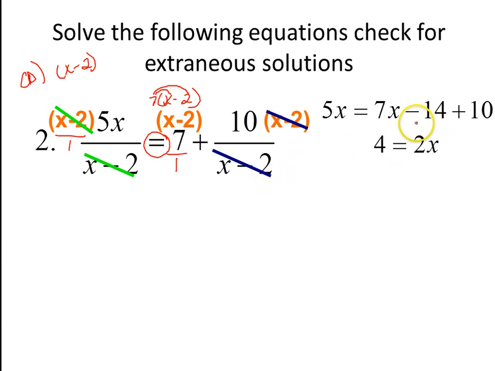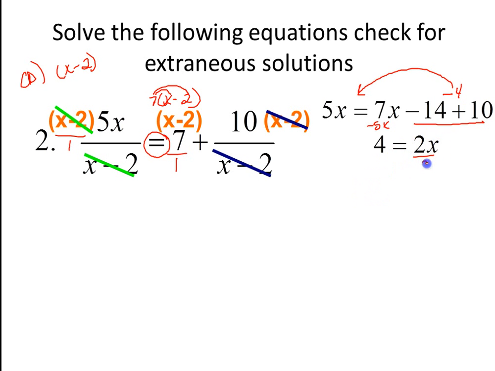The negative 14 plus 10 is -4. I kind of did 2 steps in one here. I subtracted the 5x to give me 2x. And then if I have the 2x on the right, I got to move the 4 over. So since this is -4, when I move it over, it's a +4.